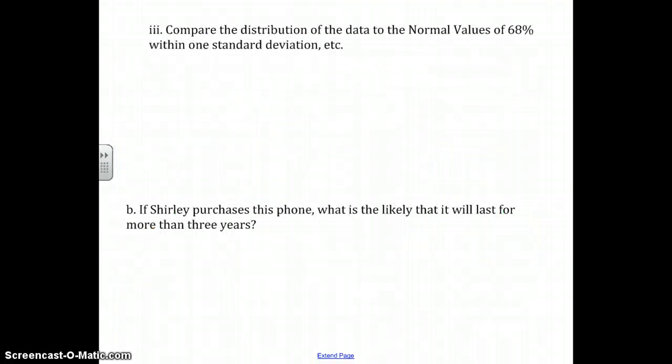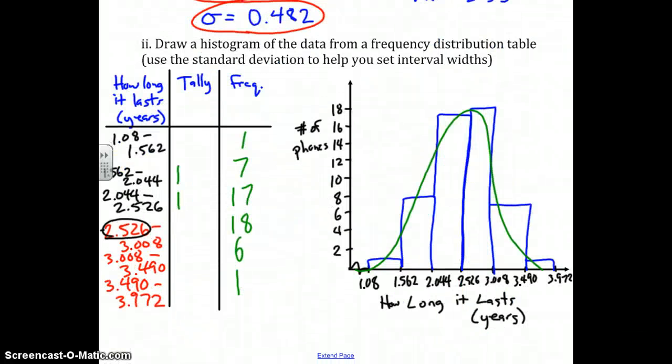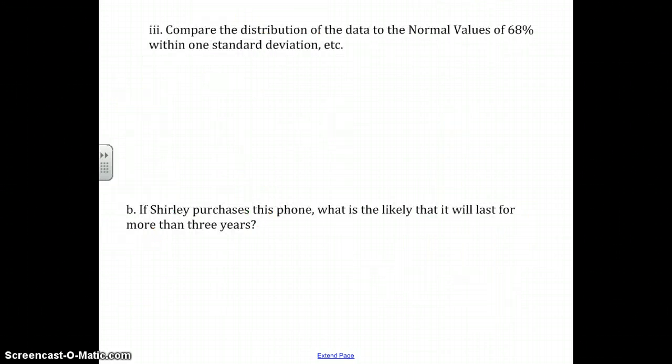Part 3 says to compare the distribution of the data to the normal values of 68% within 1 standard deviation, and so forth. So within 1 standard deviation, if we go back to the table, down 1 is 17, up 1 is 18, so adding those together is 35.